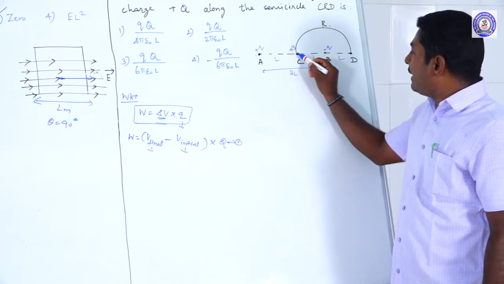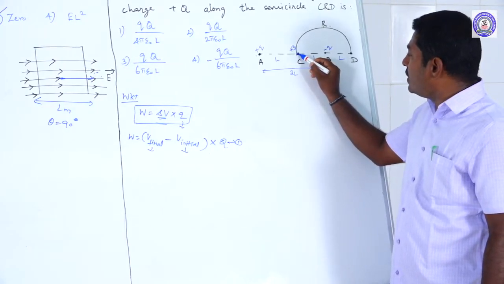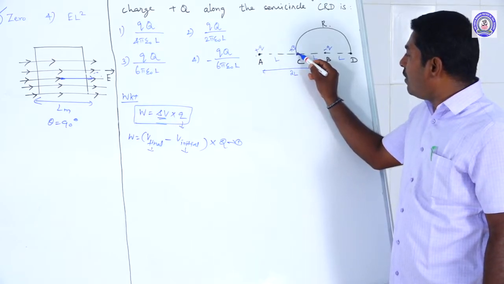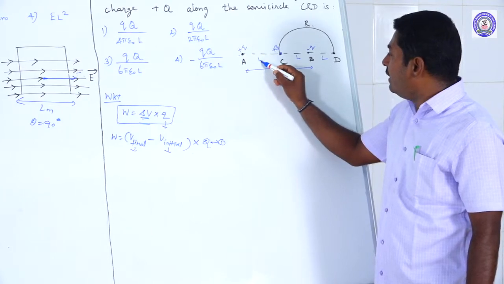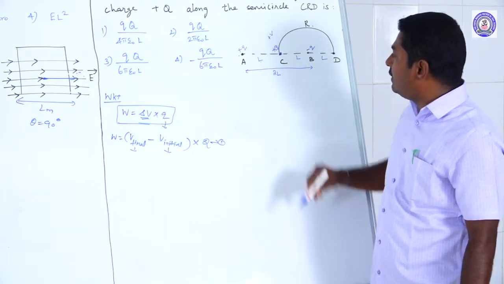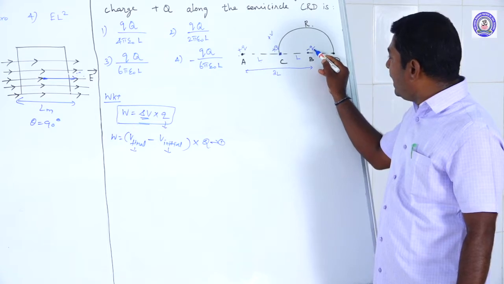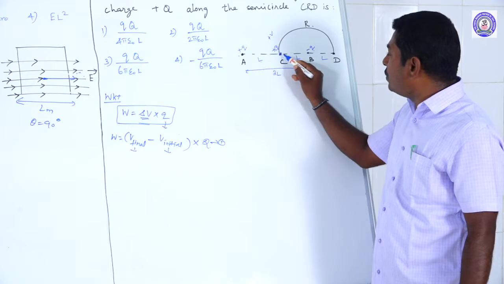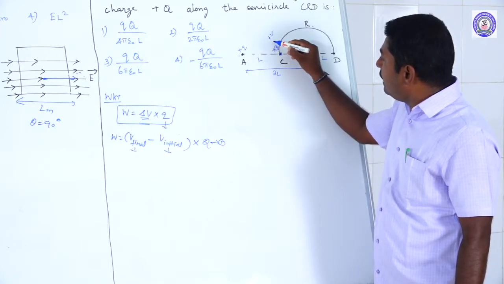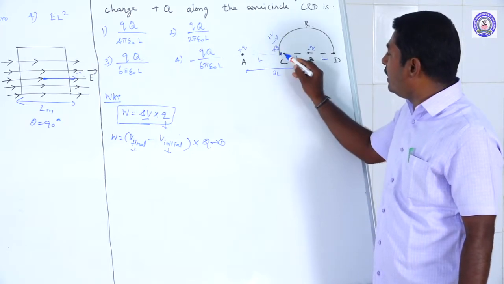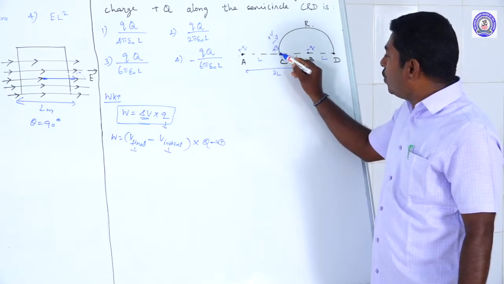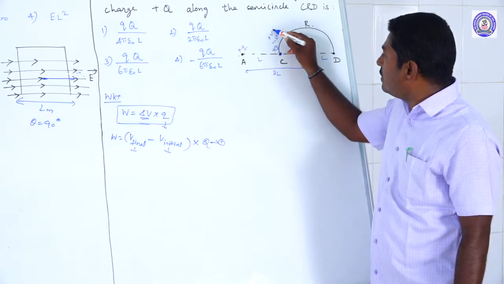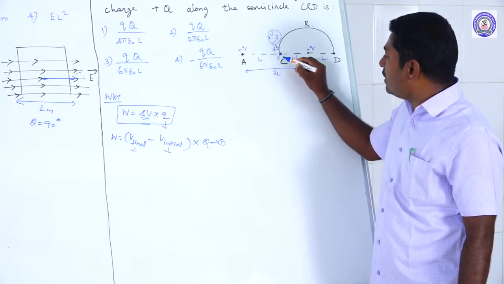The electric potential at this point C is 0, because the positive charge produces a positive potential plus V at point C through a distance L. The same magnitude of negative charge at the same distance L produces an equal magnitude of negative potential at this point. So the total electric potential at point C due to both charges is 0. Initial potential is 0 volt.